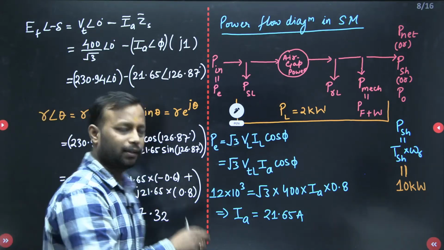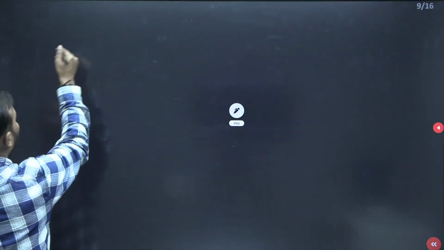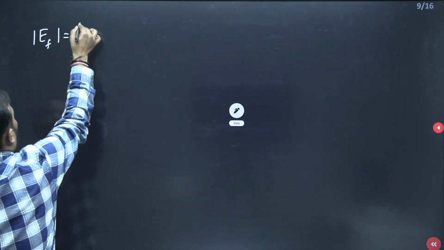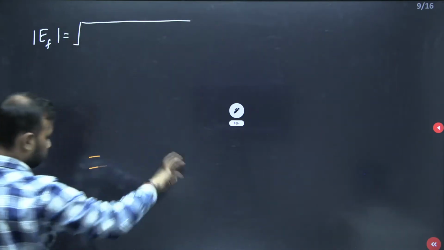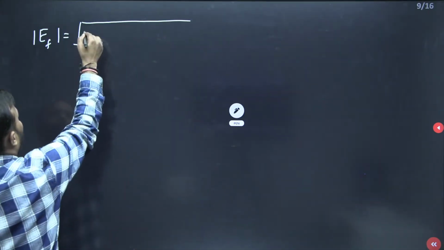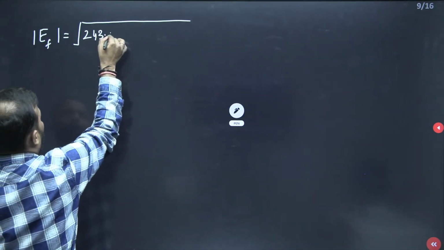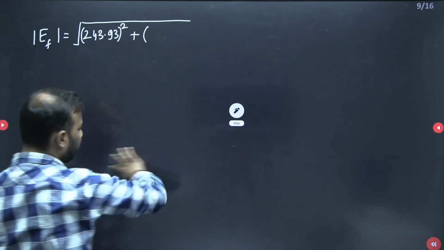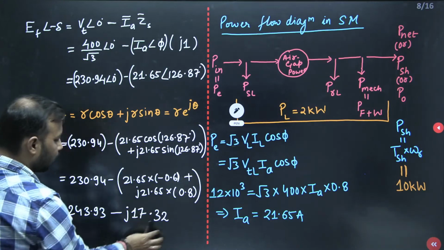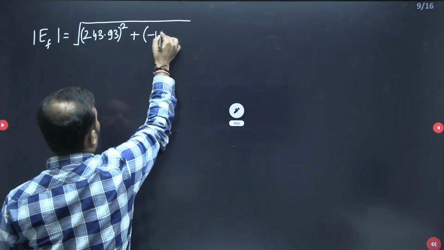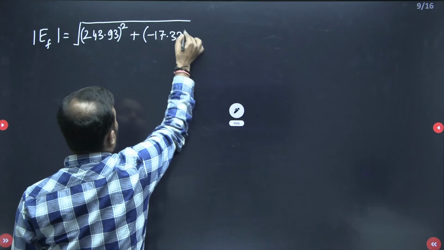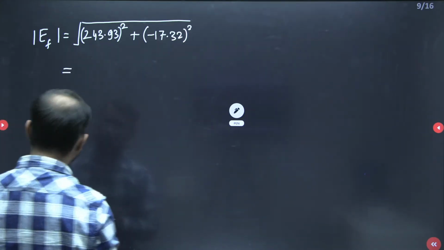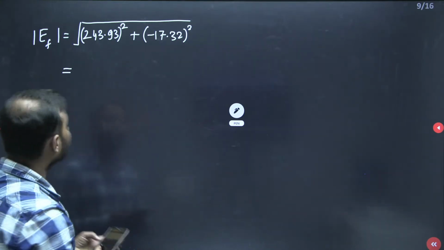But I need to find the magnitude. So the magnitude of EF will be the root over the real part squared, 243.93 squared, plus the imaginary part squared. What is imaginary? Minus 17.32, whole squared.